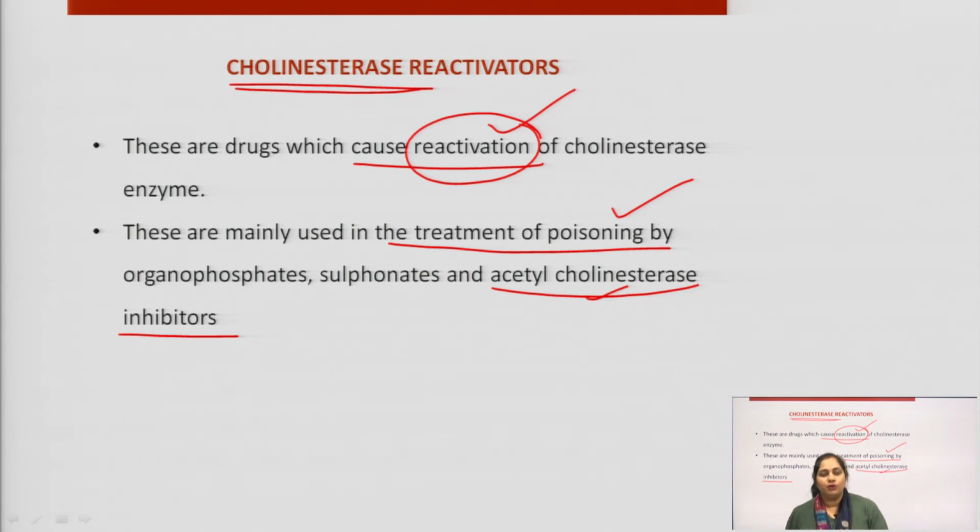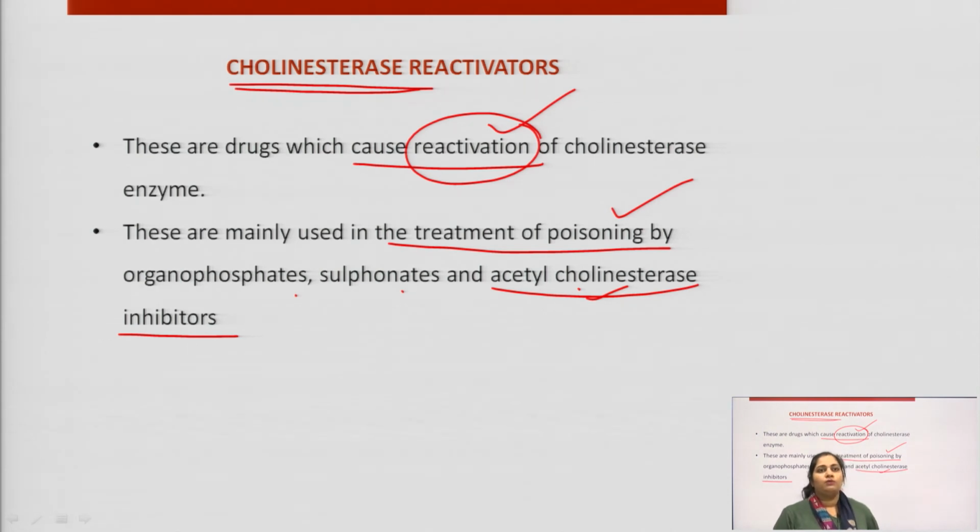After a prolonged use of acetylcholinesterase inhibitors, the activity of the cholinesterase enzyme is abolished for a period of time, and that is producing a problem. So, we need to treat the poisoning produced by organophosphates, sulfonates or acetylcholinesterase inhibitors.